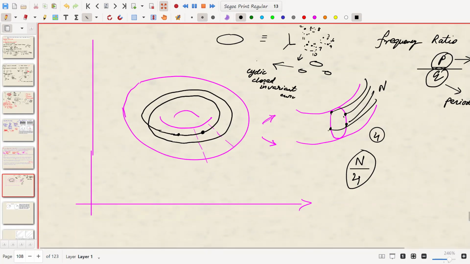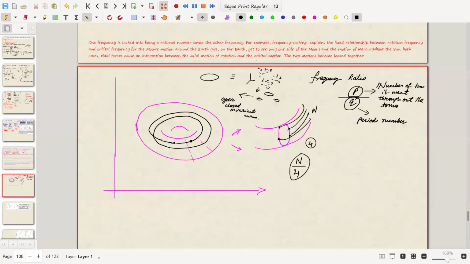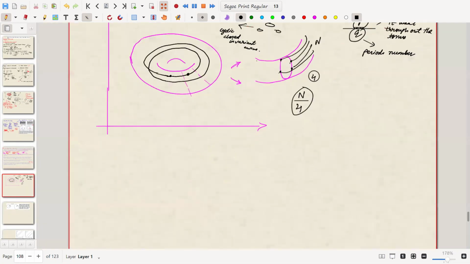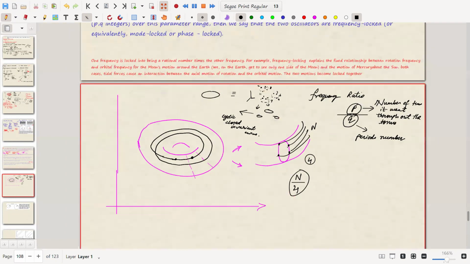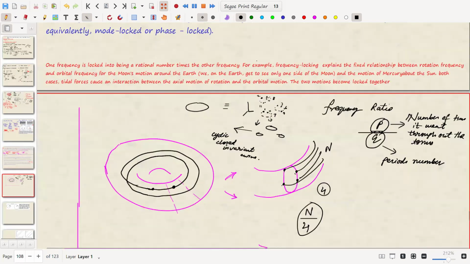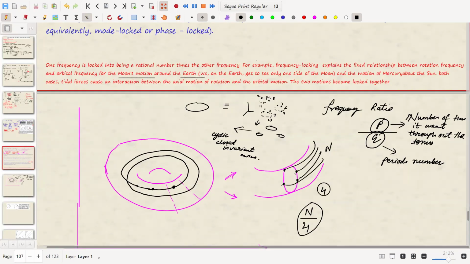You don't need to know, but I'm just telling you, those who are more interested. Okay, fine. So like that we came to know such kind of frequency locking. You see this moon's motion and Earth, they are locked. Their behavior is locked.